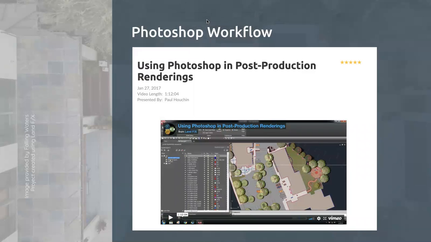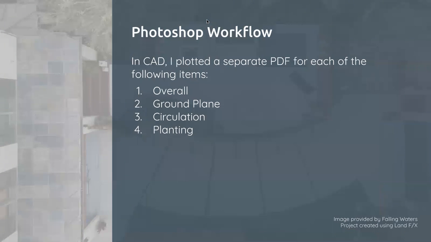To begin things, the setup that I've done is the workflow that I showed in this webinar that I gave a while back using Photoshop and post-production renderings. Basically, I've organized my layers into layer groups and then exported various PDF documents with different layers of different visibility of items in the landscape.